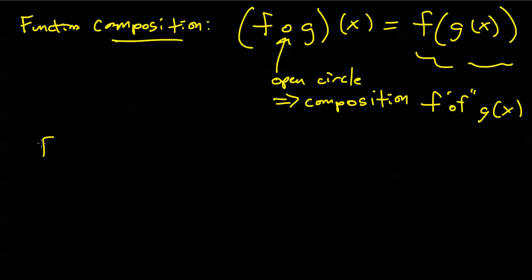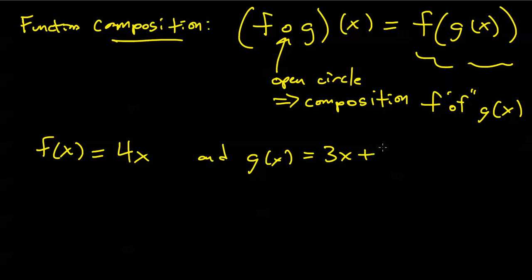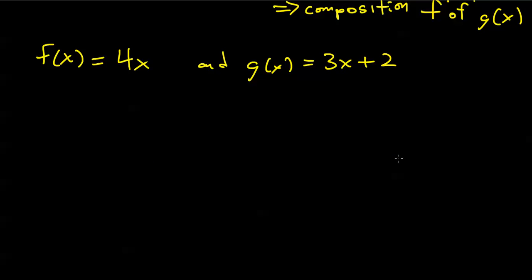Let me give you a very simple example. Let's say f of x equals 4x, very simple function. And let's say g of x is 3x plus 2, another simple function. Alright, I'm going to ask us now find f of g of x.